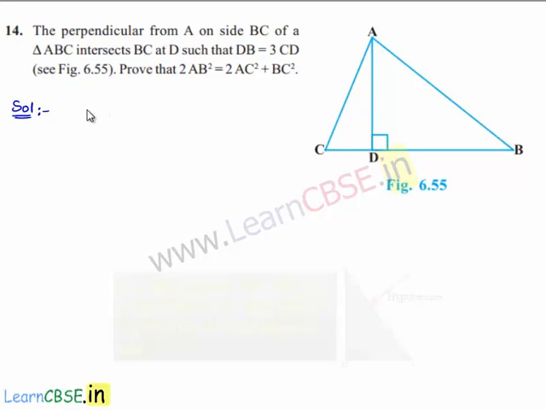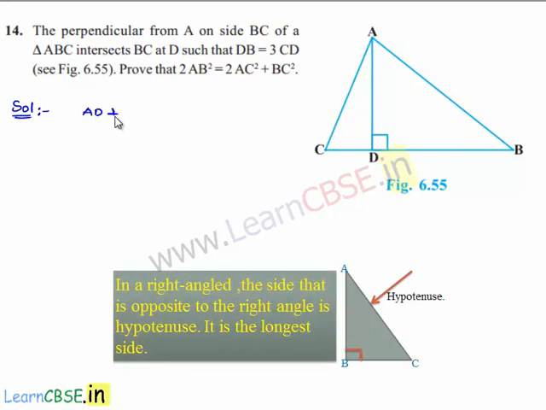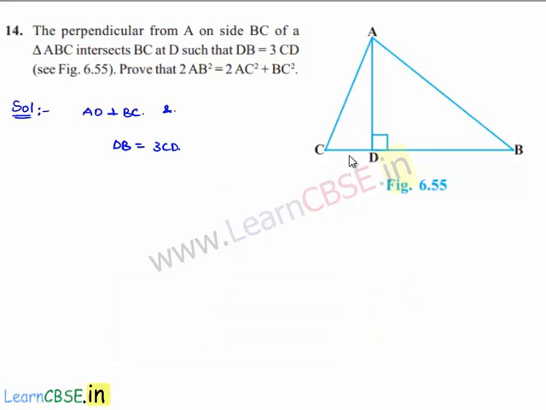It is given that AD is perpendicular to BC and DB is equal to 3 times CD. We know that here base BC consists of CD and BD.